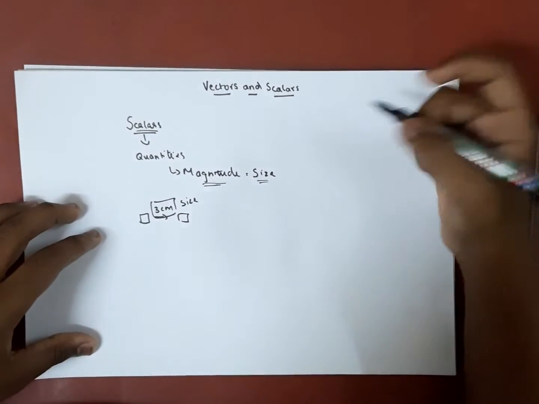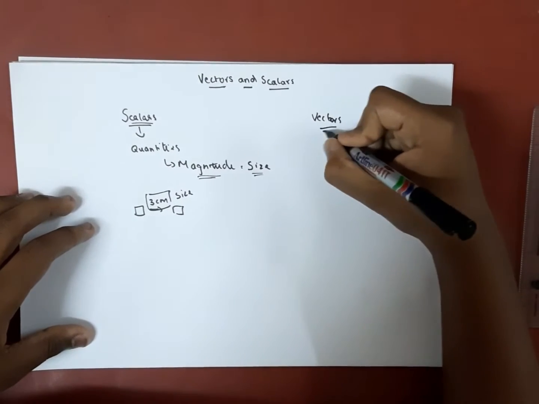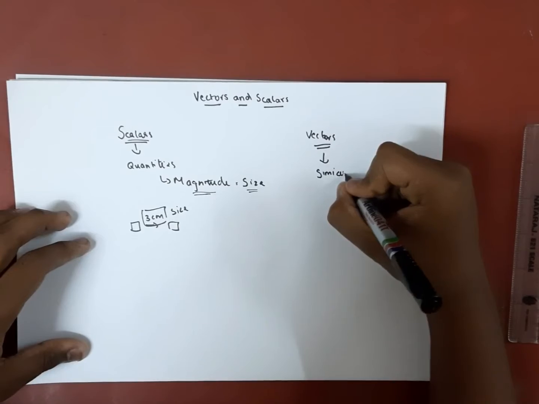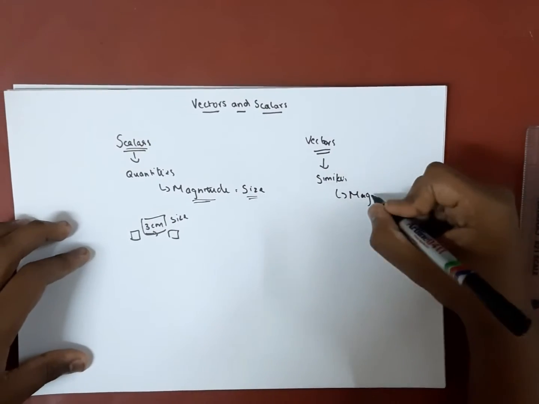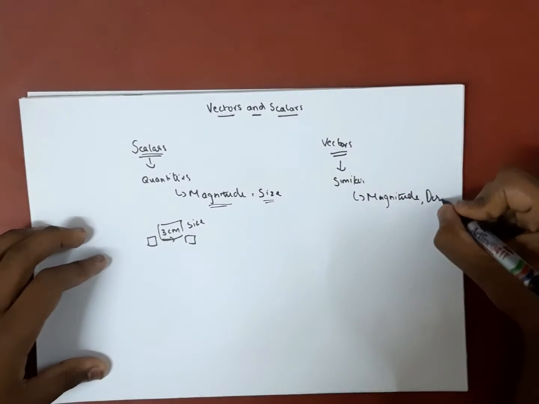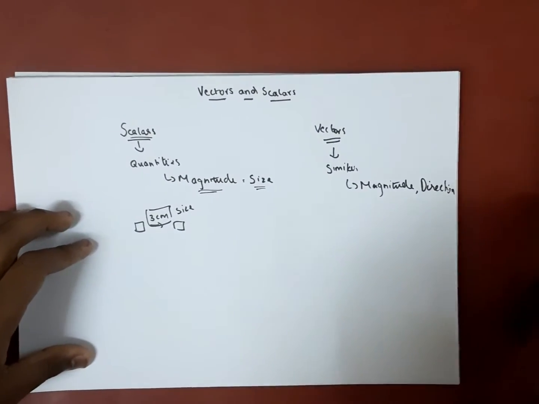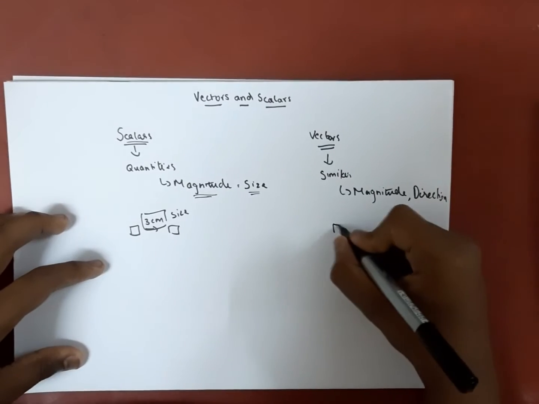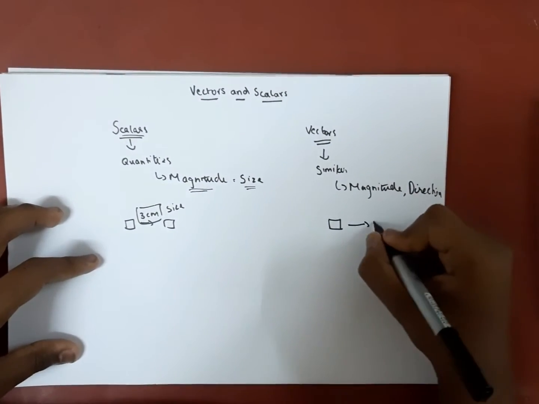Now let's look at what are vectors. Vectors are quantities really similar to scalars, but they have both magnitude and direction. Now let's consider an example for vectors. Let's say the same example. We're having a box which moves 3 centimeters.